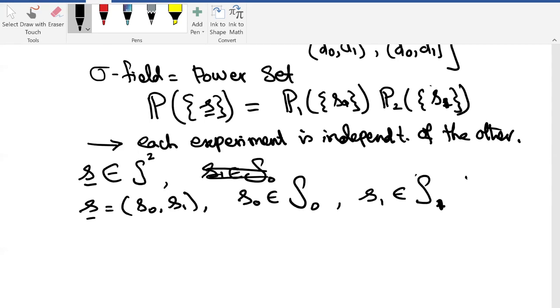S0 can be either U0 or D0, because these are the two outcomes in the first step, and S1 can be U1 or D1. This is in the second period. So this is how we construct the probability space. The same idea will go with any n steps.